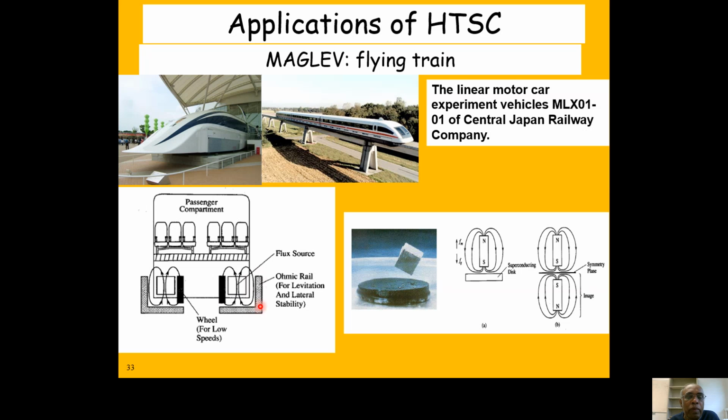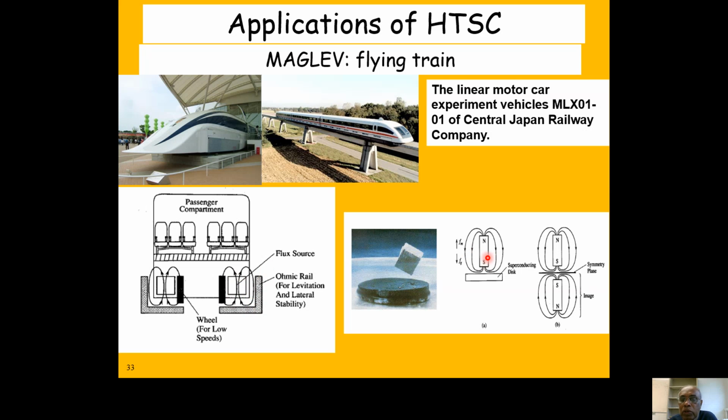This same effect can actually be expected from high TC superconductors. Here we show a simple small magnet levitating above a high TC superconductor, at liquid nitrogen temperature. Here we have a similar levitating effect, right?